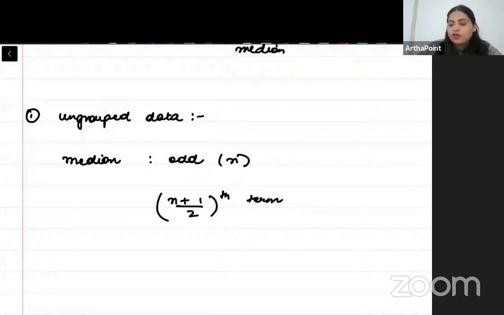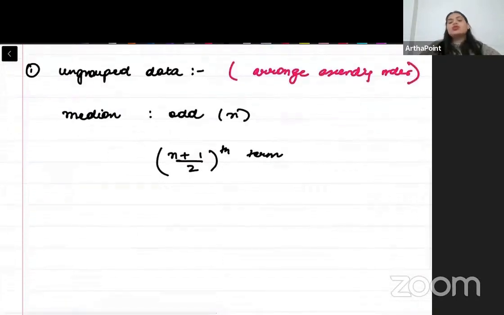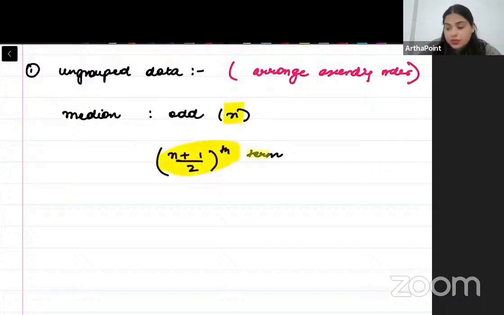But whenever you find median, you must arrange the data in ascending order and then try to find the median. So any observation which divides my data set exactly in 2 halves is the median. And here I am saying that if my n is odd, then I will find the n plus 1 by 2th term. That term will be the median.